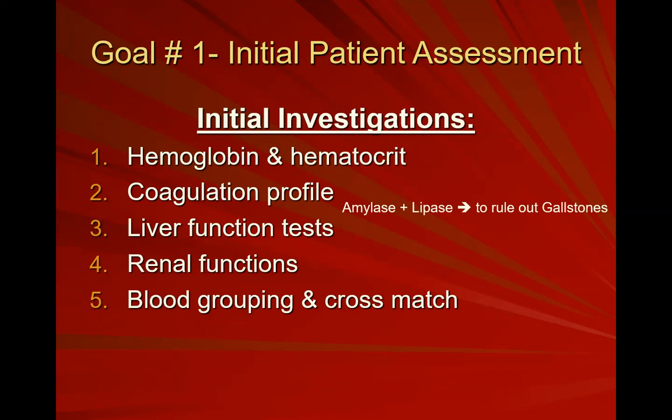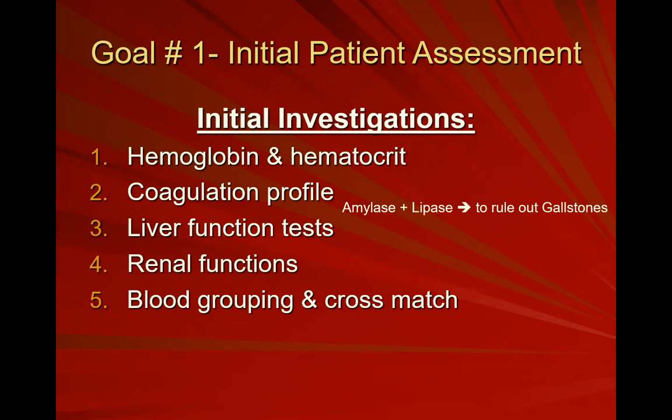Why are we doing renal functions with upper GI bleeding? Before the contrast, it would give you an idea about the dehydration status of the patient. With dehydration, there would be high creatinine and BUN, so you have to give the patient IV fluids.